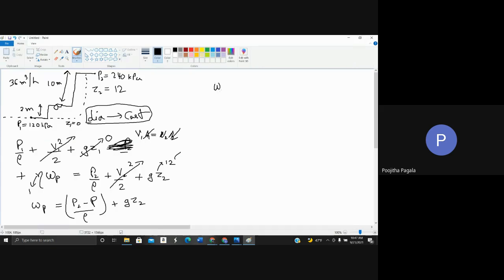So WP is (240 minus 120) divided by 1000 into 10 power 3, because they're given in kilopascals, plus GZ. G is 10 and Z is 12.